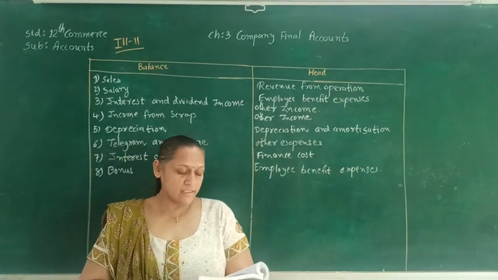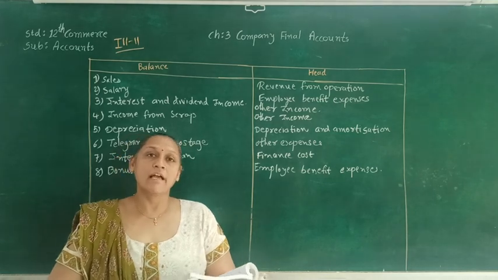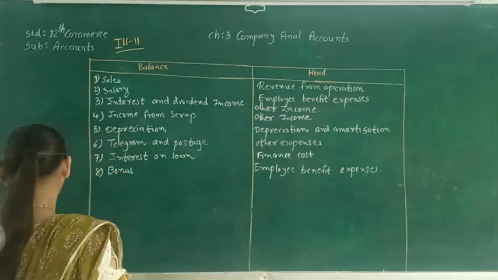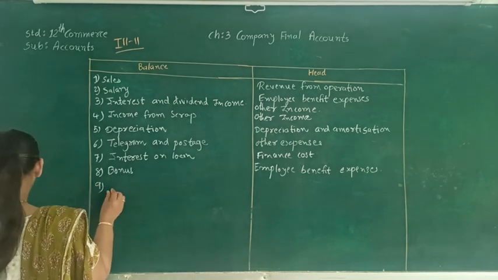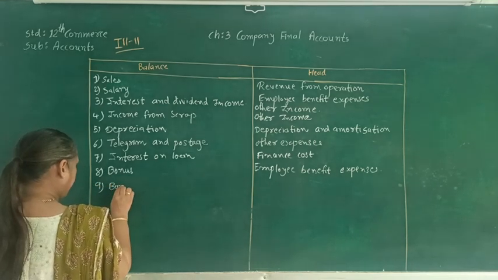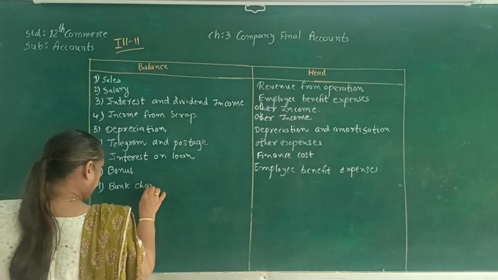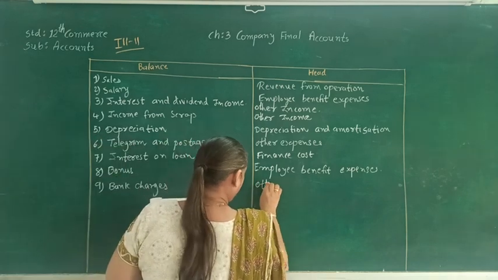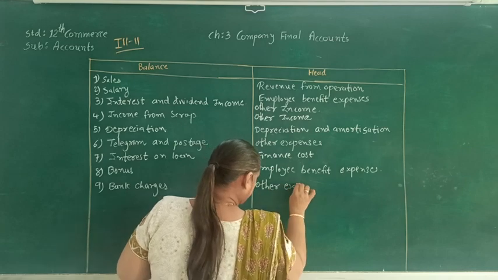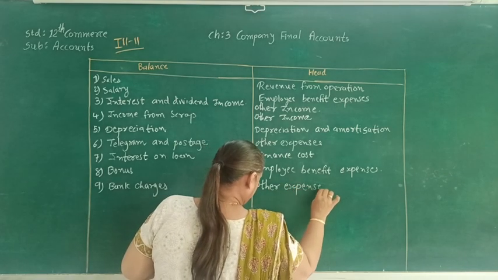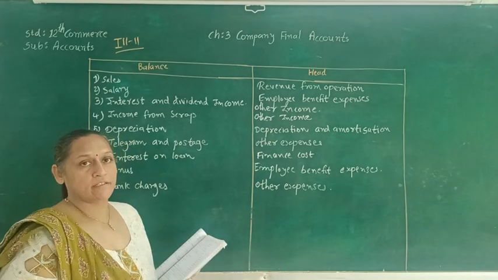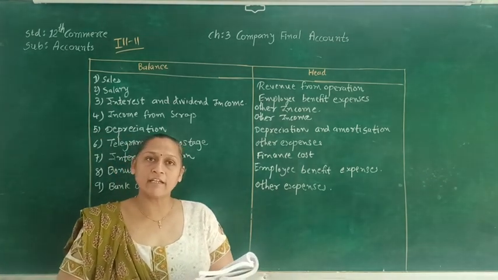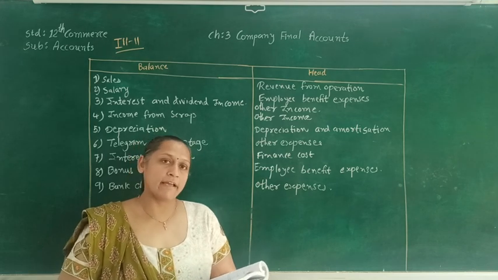Afterwards, the next expense is bank charges, and bank charges will fall under other expenses. After that, the next expense is sales expense, which is again treated as an other expense.